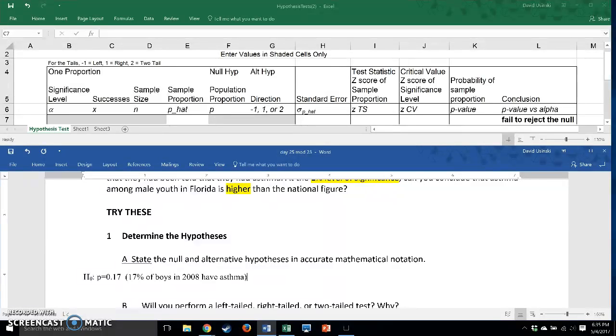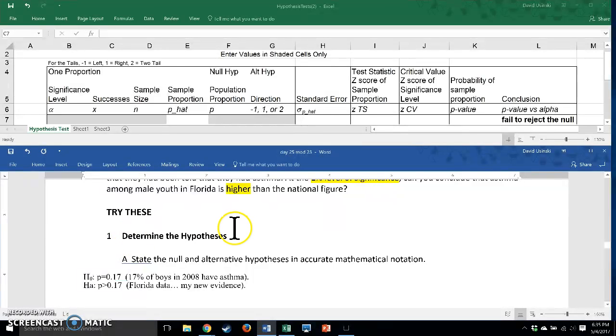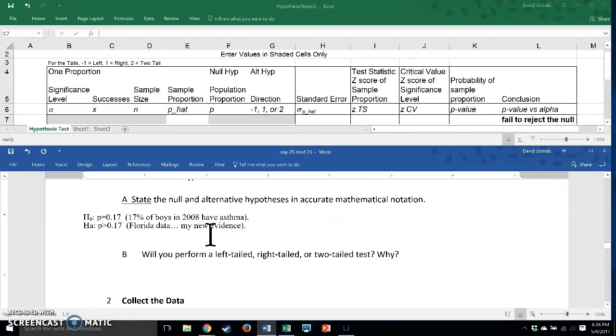I think I spelled that right. All right. And then the alternative hypothesis, according to this study in Florida, they believe that they have greater than 17%. So this is my Florida data, my new evidence. We're trying to see if this is statistically significant versus the 17%.